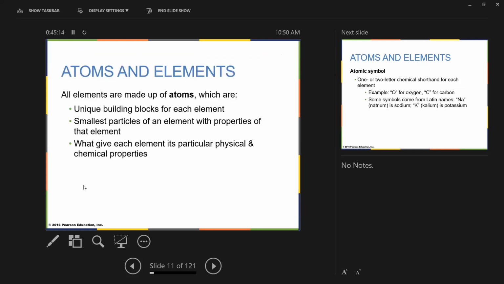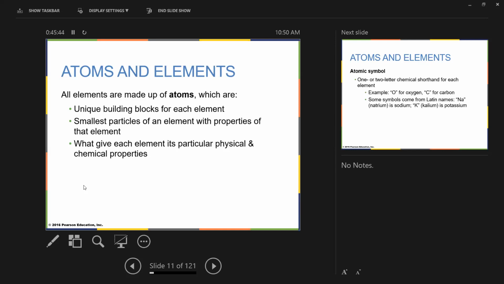Now, these elements are made up of something called atoms. You've probably heard of atoms. You've probably studied atoms in school. Elements are made up of atoms, and atoms are the smallest particles that still retain all the properties of that particular element.